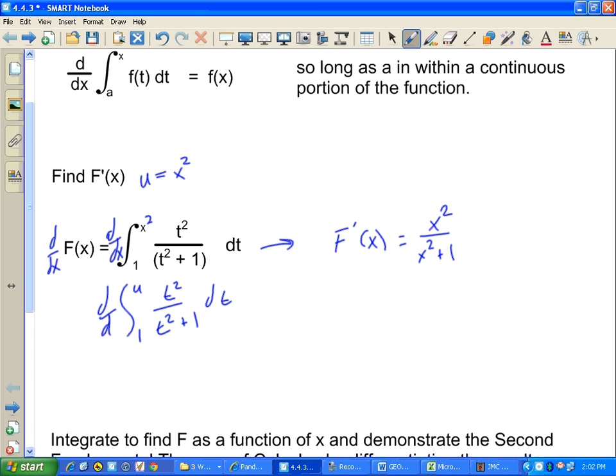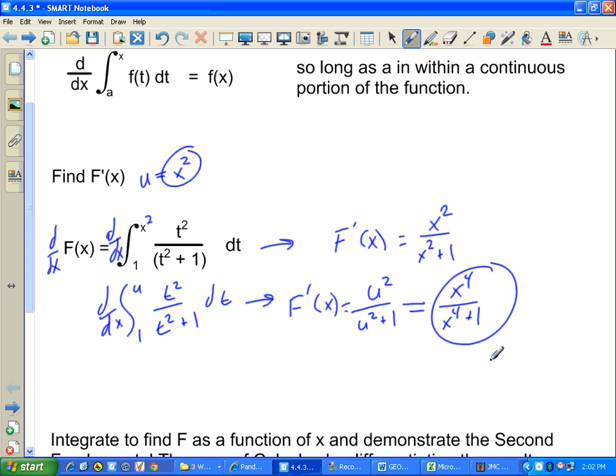And if I'm taking the derivative of this, now that's just u, and u would be defined in here on the continuous area, same with 1. I can write it as this, the derivative, I would now put u in place of that. And then I just resubstitute what u actually was, so I'll put x squared in place of u. So what this really equals would be x squared squared, which is x to the 4th, over x to the 4th plus 1. And that would be the function of x.